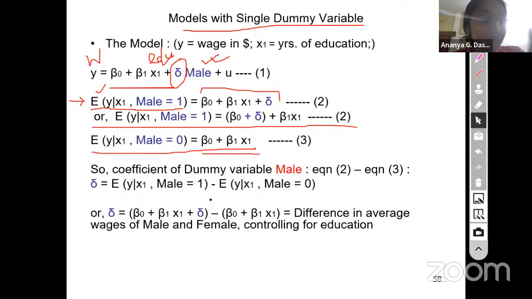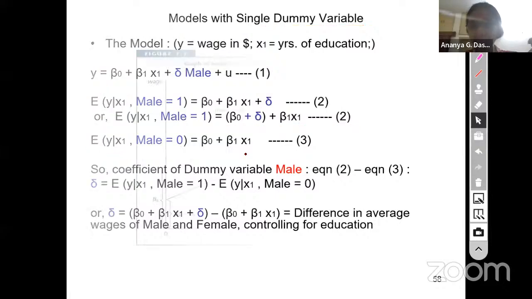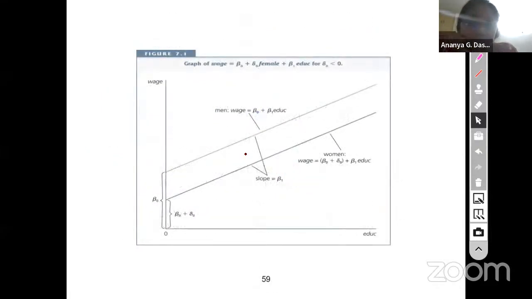And how are those lines different? They're different in terms of this delta. And what is that delta? The delta is the intercept. So you're saying that the male line is beta naught plus delta, and the female line is simply beta naught. Delta may be positive or negative, and depending on that, the intercept is either going to be higher or lower. Okay, so that's the first thing that I'd like you to note.